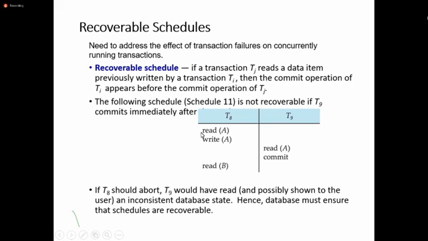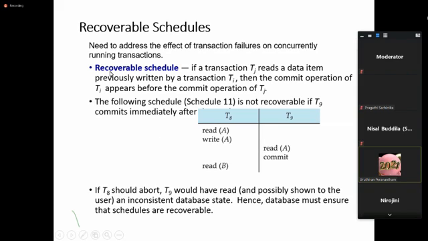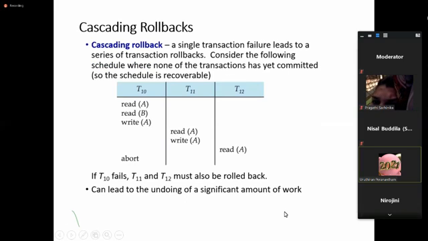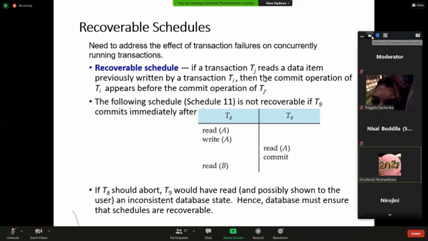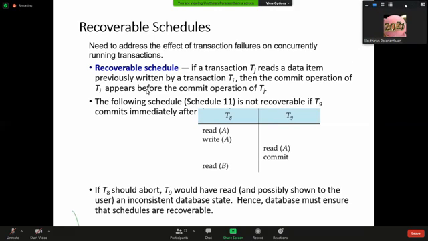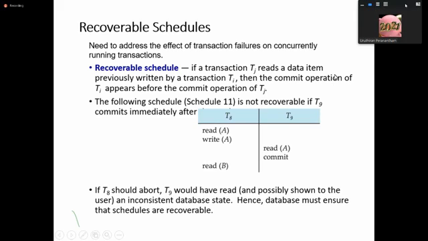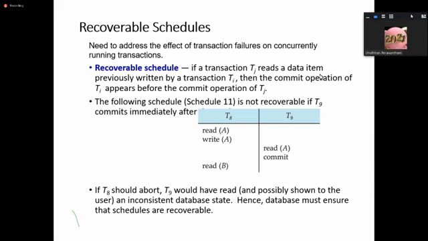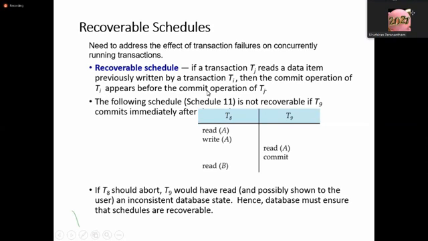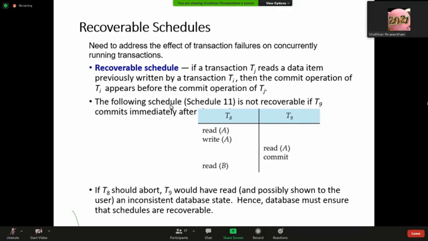Okay, I also want to skip one. Later we will study the recoverable schedule in another chapter. How to recover? In a recoverable schedule, if a transaction Tj reads a data item previously written by a transaction Ti, then the commit operation of Ti must appear before the commit operation of Tj.